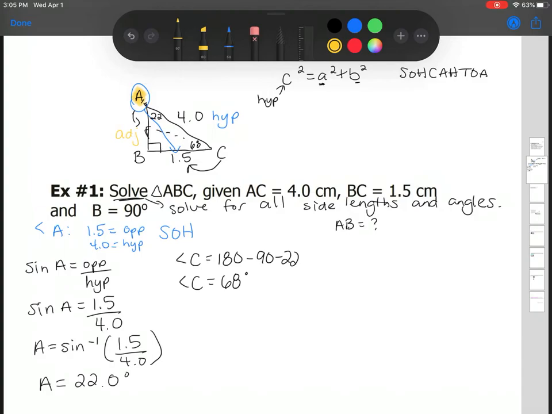And then we could use tan. It doesn't really matter. Okay, so I'm going to use cos.